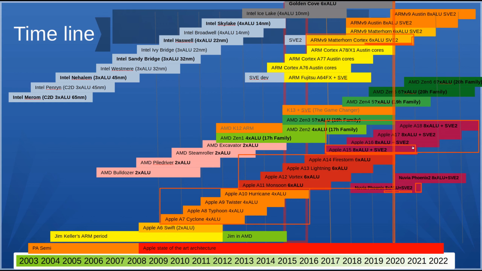So next year we have Nuvia, Apple A15, and also Matterhorn. 3 major redesigns, 3 actually brand new architectures for ARM. This is huge. This is absolutely perfect next year, and also Golden Cove is coming next year. It was delayed, of course.